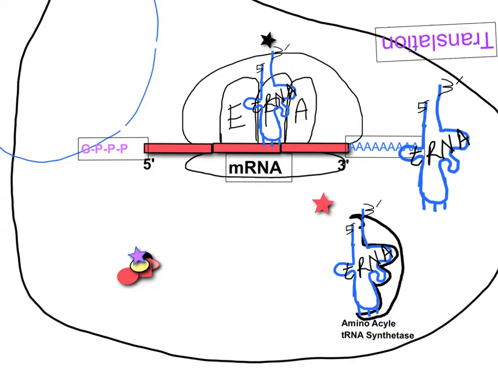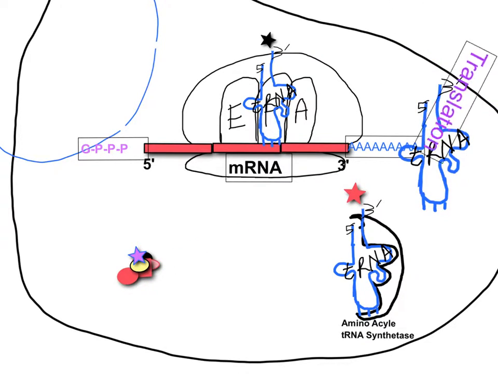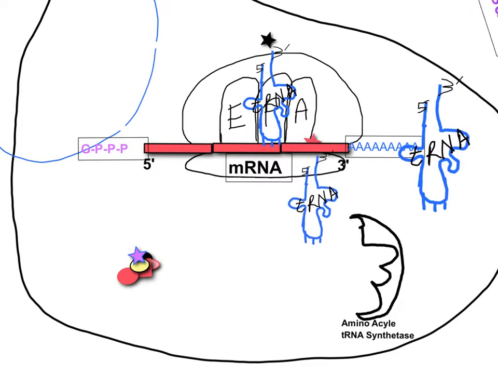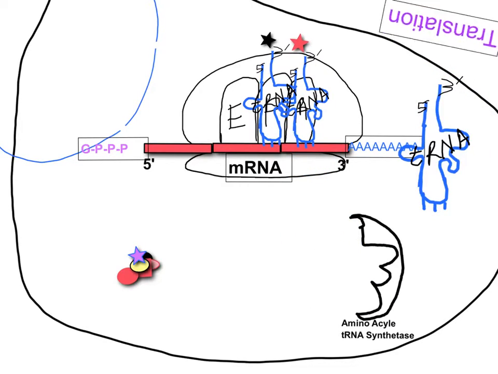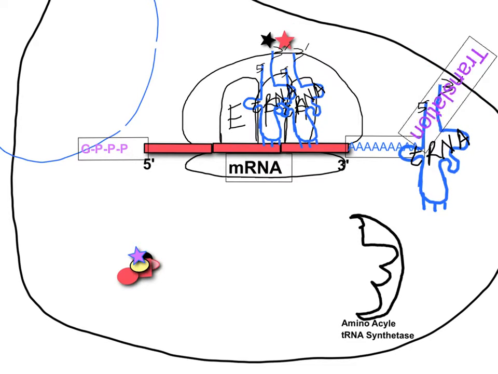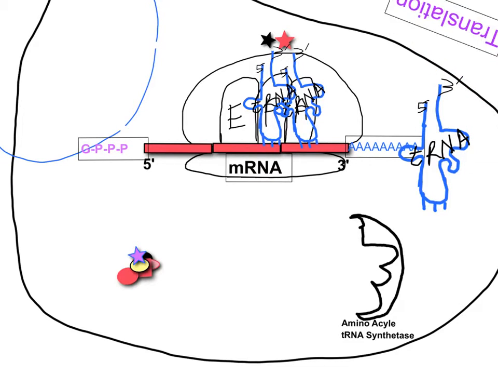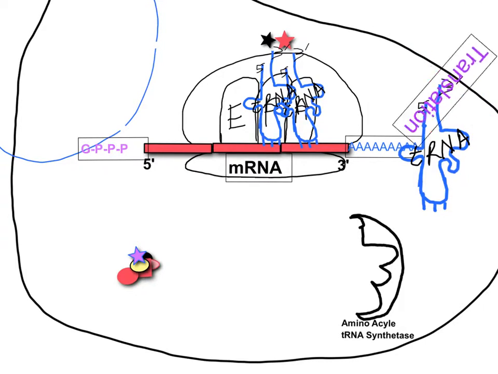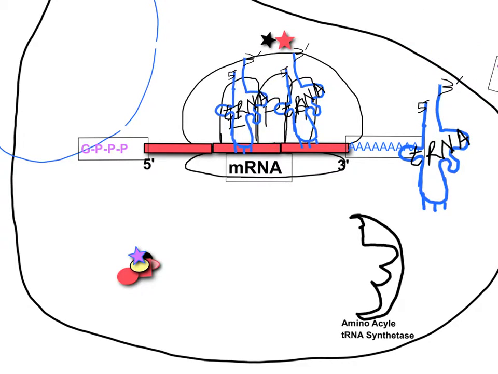Now another transfer RNA comes, takes one amino acid with the help of the enzyme, and attaches to the A site of the ribosome, where another thing will happen: the transfer RNA present on the P site will give its amino acid to the transfer RNA on the A site and move to the E site, or the exit site.